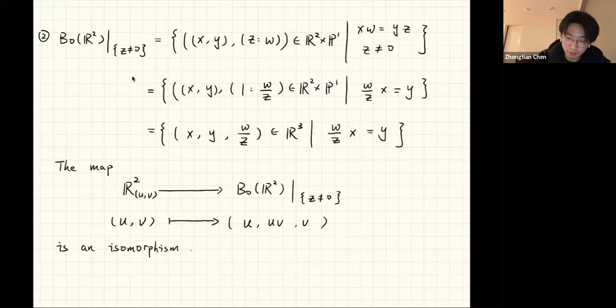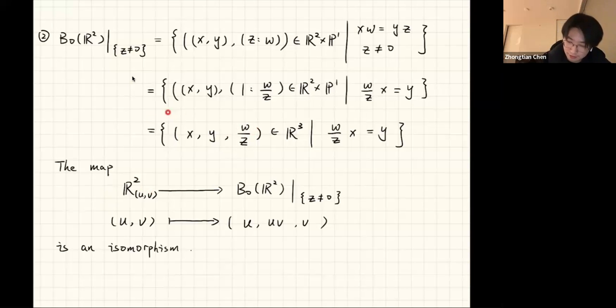Then the same thing happens for another copy. If we take z is non-zero, again we plug in the definition, add one constraint, that it is non-zero. Then we can divide by z in this coordinate. We will reach this set in R3, but the second coordinate is determined by the first coordinate and the third coordinate.